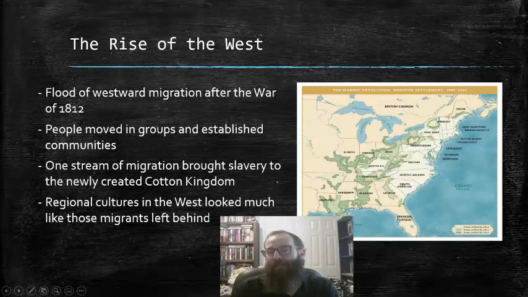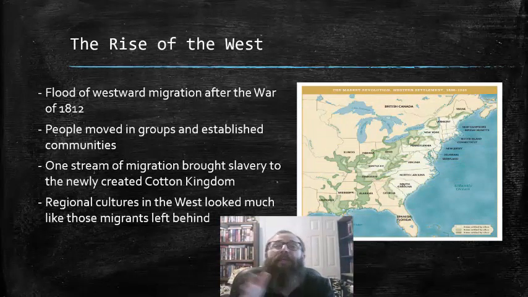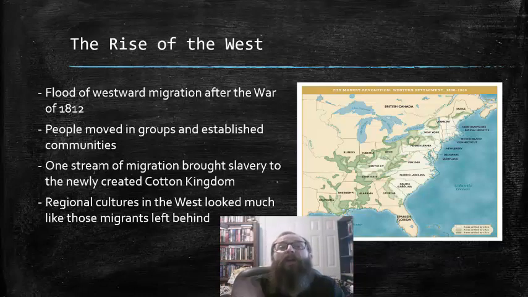As was alluded to in the previous slide, the connection of the Western territories beyond the Appalachian Mountain regions to the eastern hub of markets and commerce via things like the canals and railroads and expanded roadways, coupled with the decrease in the Indian population in those western territories after the War of 1812, led to a new flood of western migration into those regions.